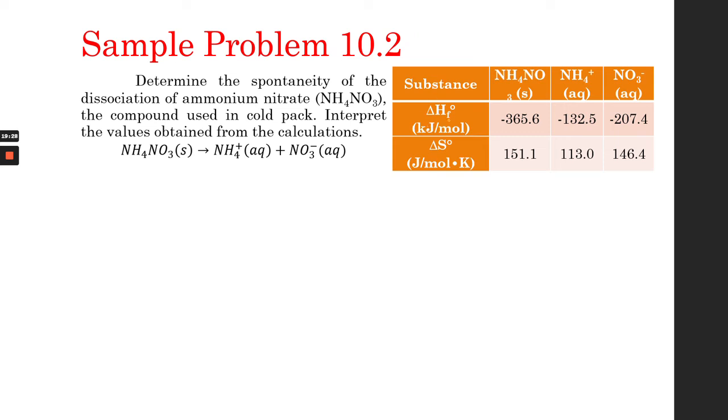So we are given a table wherein they give us the standard enthalpy of formation and the standard entropy. What we're going to do is measure each separately and then combine them both. Or you can also just go ahead and write the whole quite big equation, no? But let me show you.